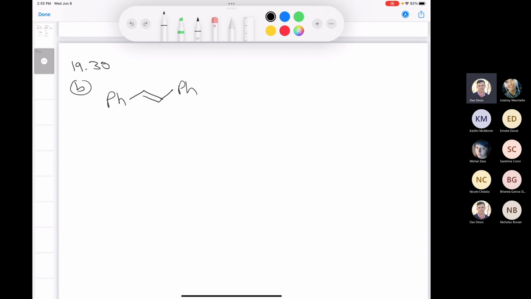I hope you can see that there's an axis of symmetry here. And so there's only one way to make this compound anyway. We're going to break the bond here. And so in terms of our retrosynthesis, we're going to need this compound, which is benzaldehyde, and then our alkyl halide would be this, which is benzyl bromide. That's what we need to do this Wittig reaction.